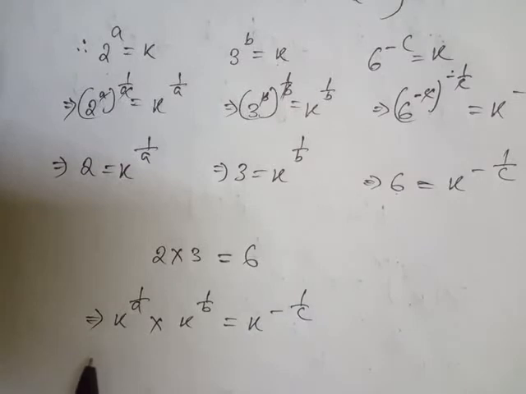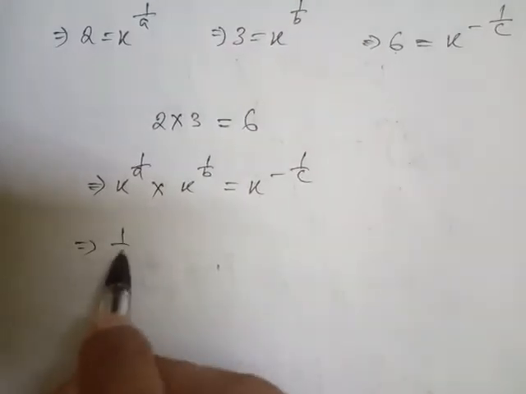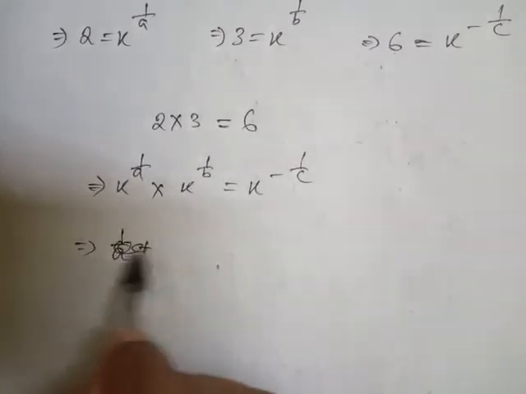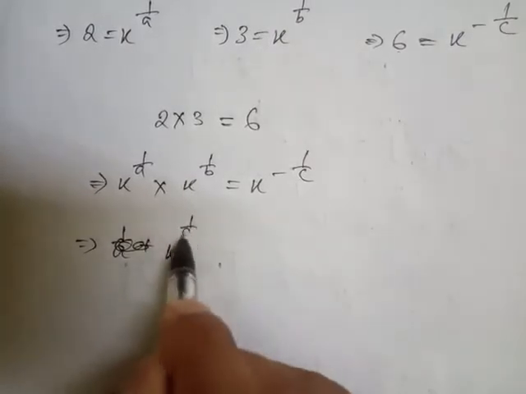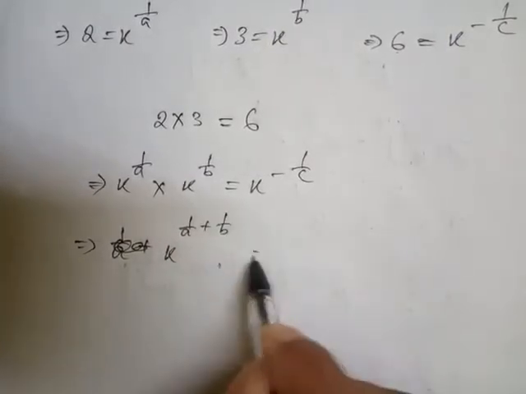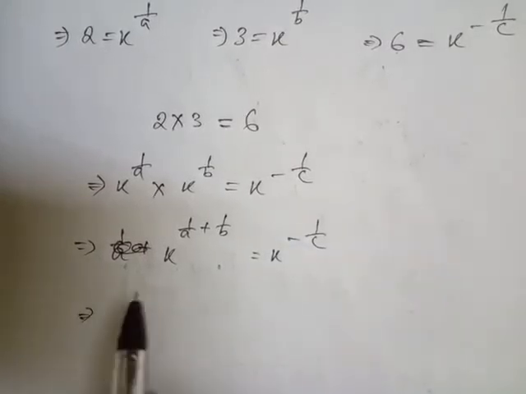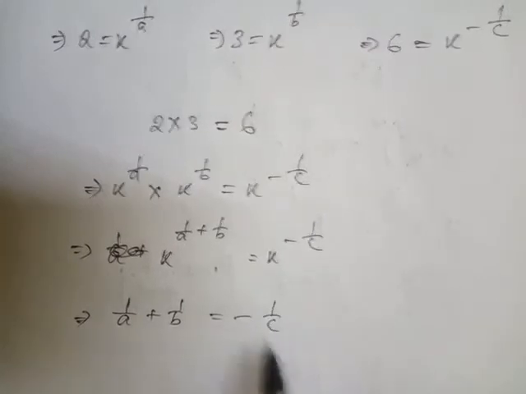Now since the base is the same, powers are equal. So we can write here k to the power 1 by a plus 1 by b, and there k to the power minus 1 by c, and in the next step, base same powers are equal, so 1 by a plus 1 by b equal to minus 1 by c.